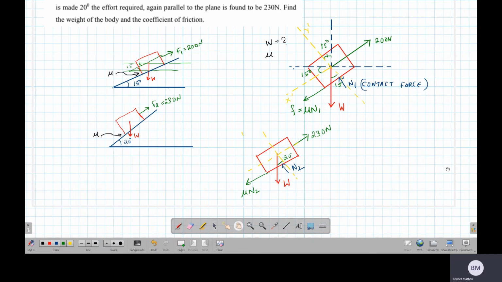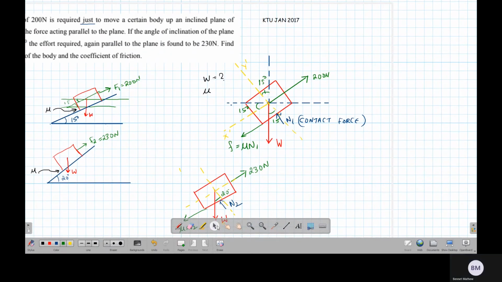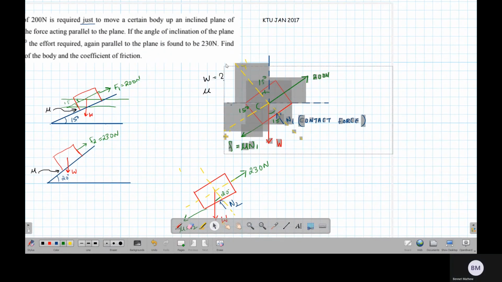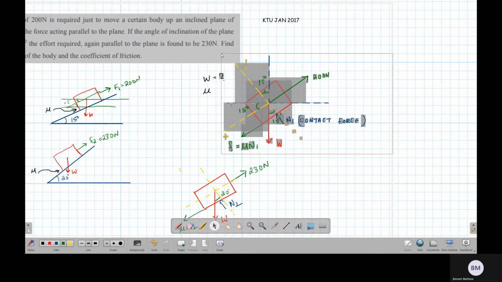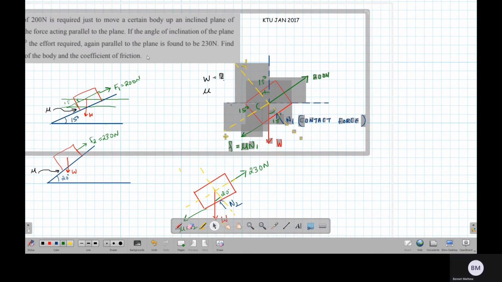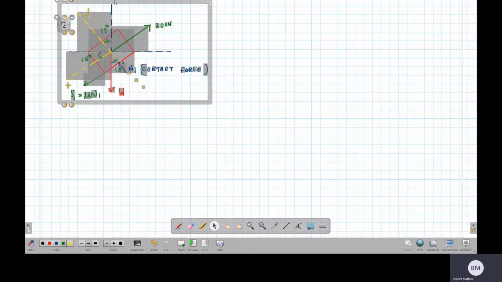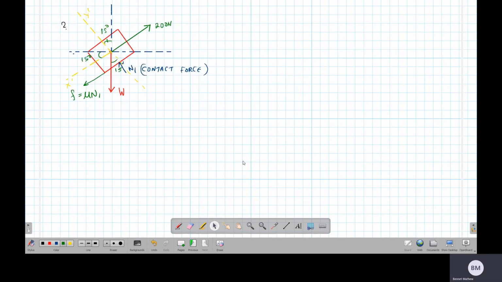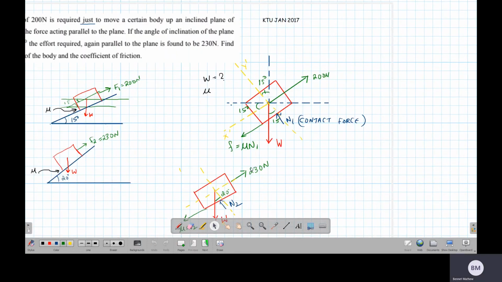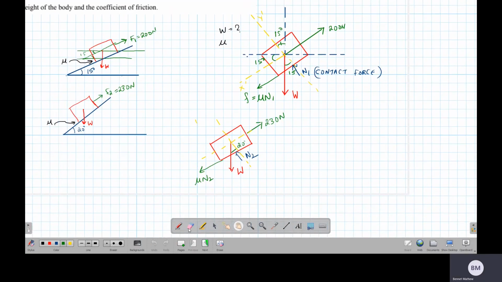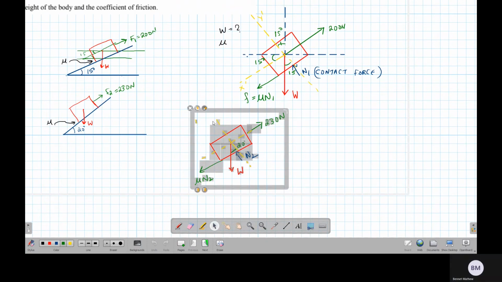Okay, so I'll take a new page here. Cross check whether I missed any equation.